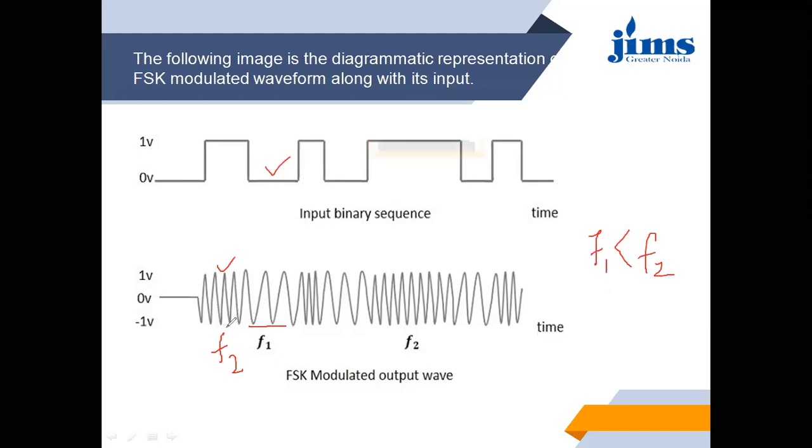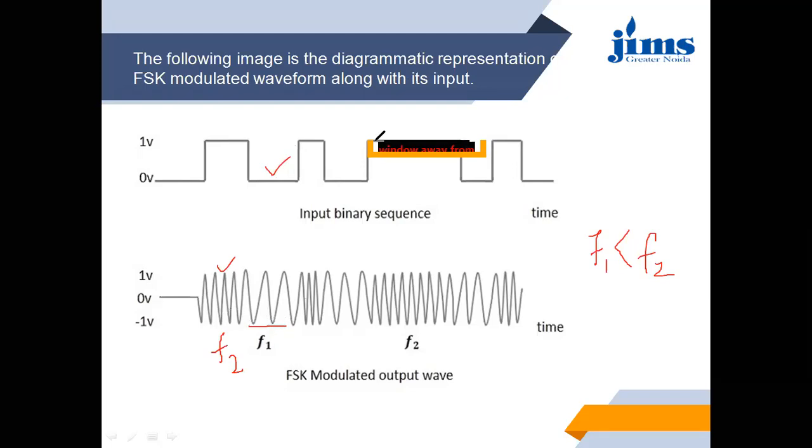That's up to us, but conventionally, for high binary input, for positive binary data, we take a high frequency, and for low binary data or zero, we take a relatively low frequency.